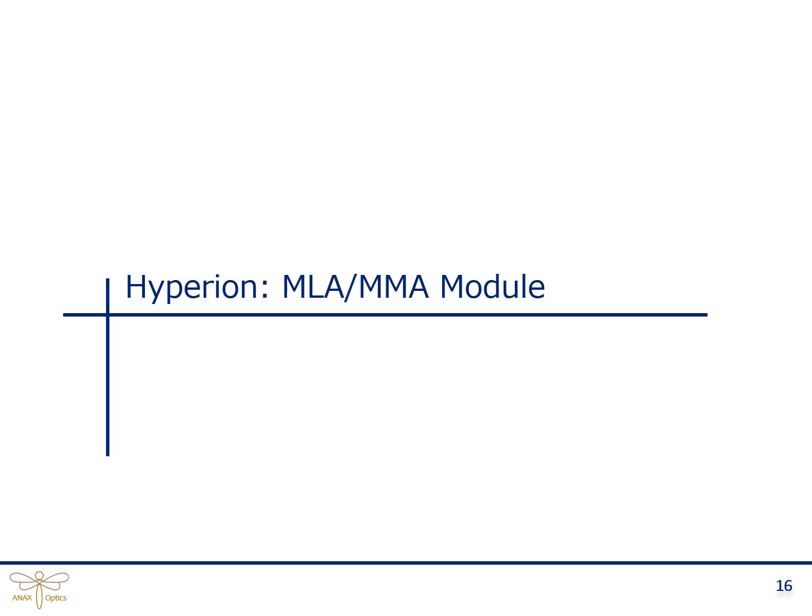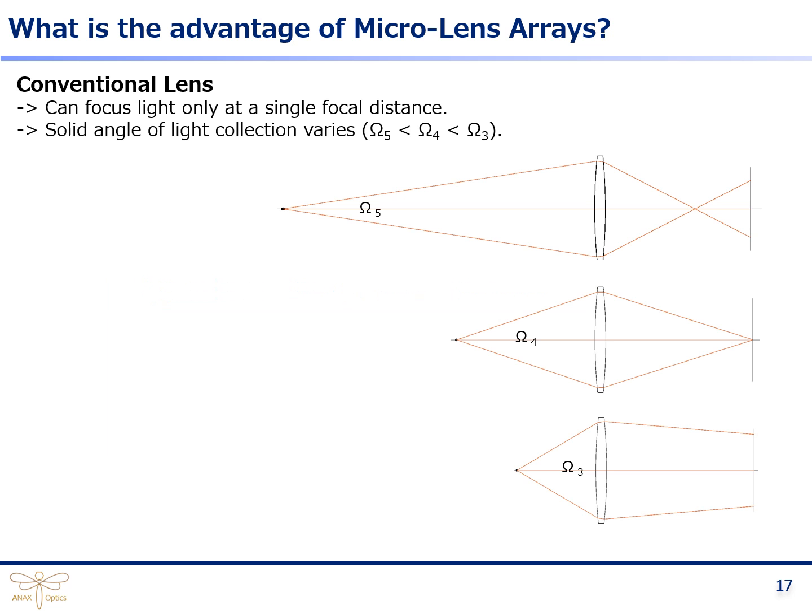Next, I will introduce the microlens array and micromirror array module of Hyperion. Let's consider some of the advantages of microlens and micromirror arrays. A conventional lens is designed to have a single focal length.